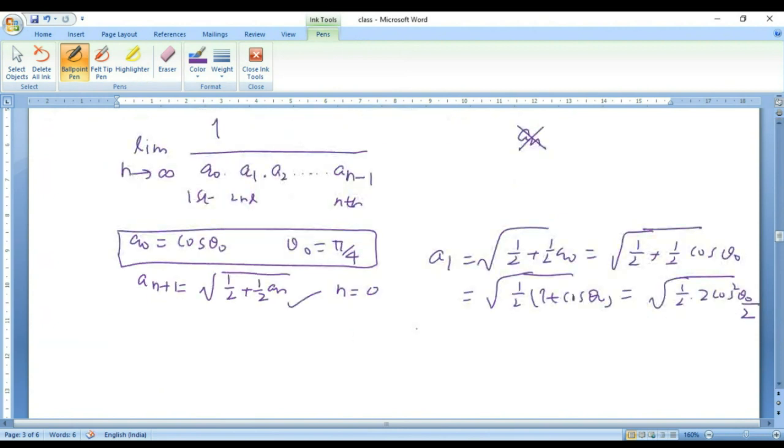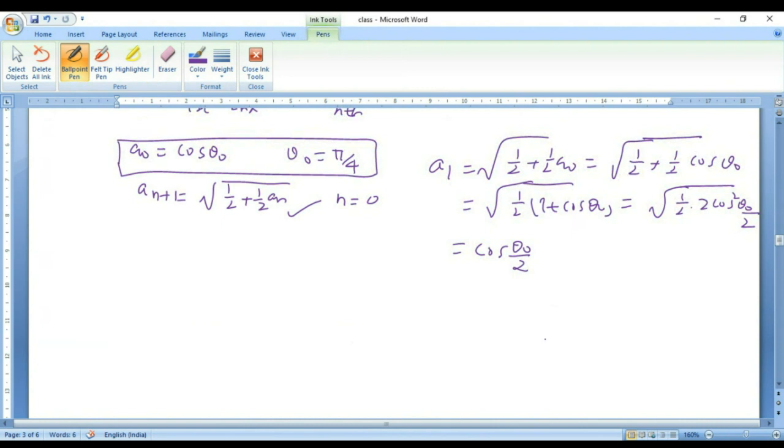And so we get a1 is cos of theta naught over 2. We again used 1 plus cos t equals 2 cos square of t over 2. So a1 is cos theta naught by 2.